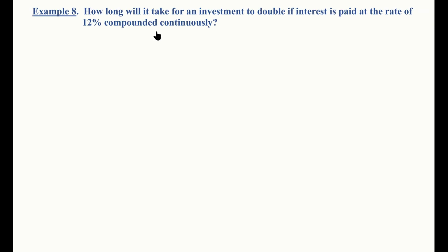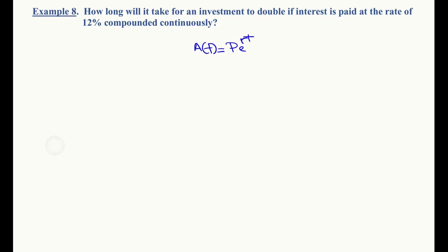This next problem is known as a doubling time problem. Basically, you want to know how long it will take for an investment to double if interest is paid at the rate of 12% compounded continuously. So we're going to be using the A of T equals PE to the RT formula.